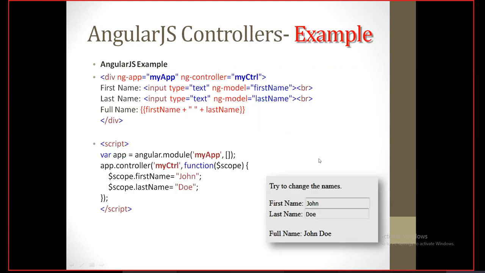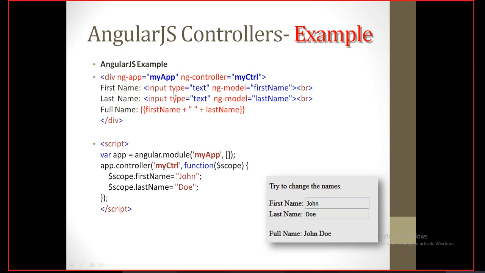Now let us go ahead and see the exact working of this particular directive. Okay, you can see an example over here in which we have defined an Angular module, myApp, and a controller for it.